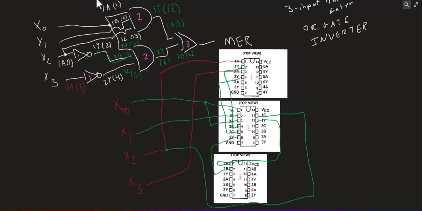And this is being recorded, so I will post it all to Moodle, so you can come back and look at it if you want to. And then my output is going to be 1Y, pin 3. And that's going to be MIR. And that's what you're going to attach to some sort of LED signal. So these are going to be switches, and this will be an LED.